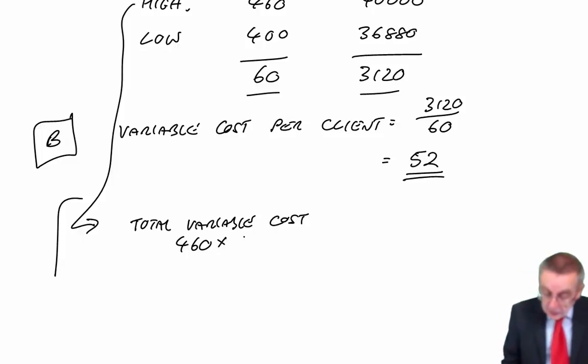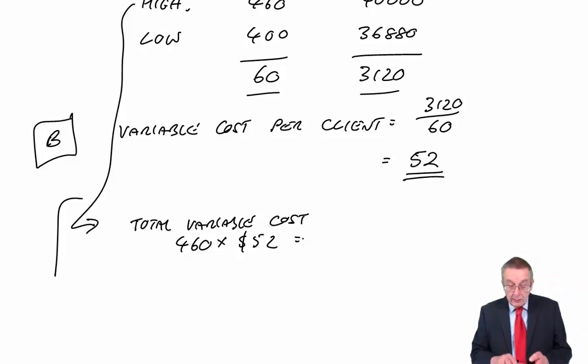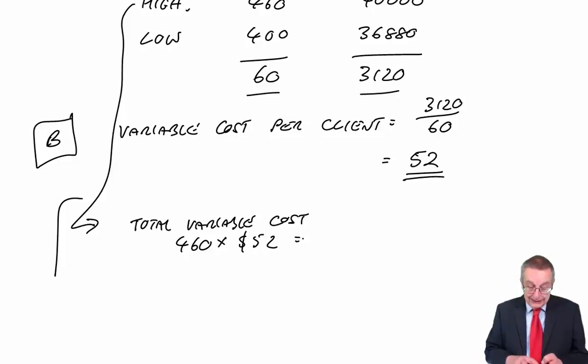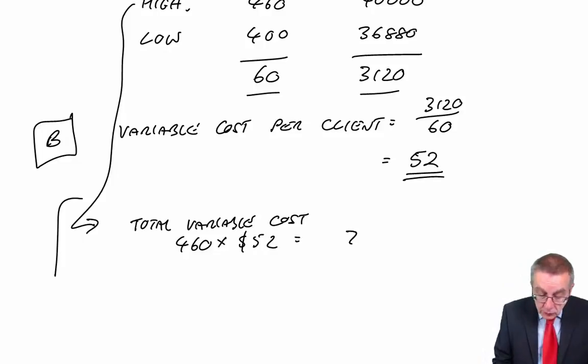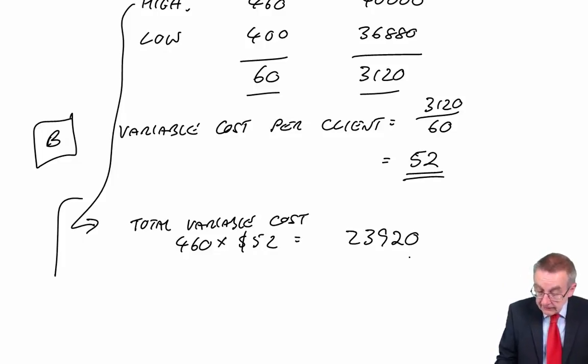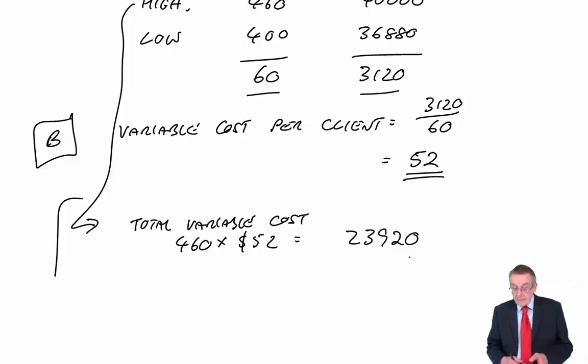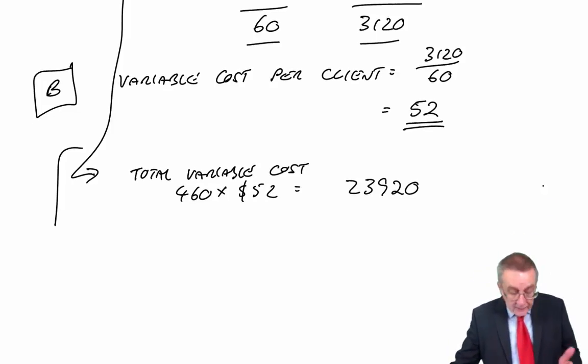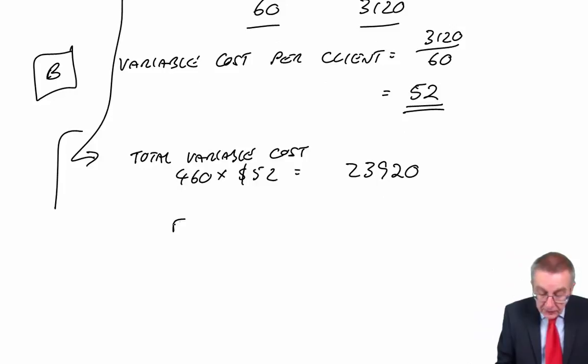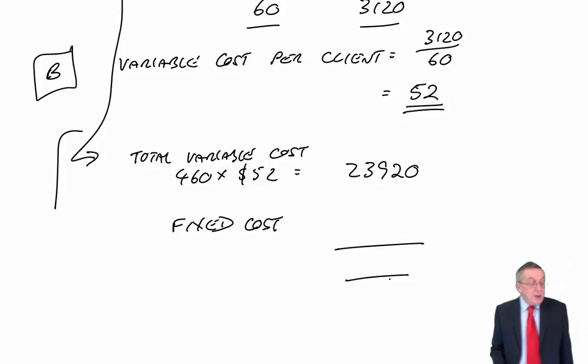The variable cost is 52 per client, so the total variable cost is 23,920. Well, that's the variable cost. In addition, of course, there is a fixed cost. And what we know is the total cost.